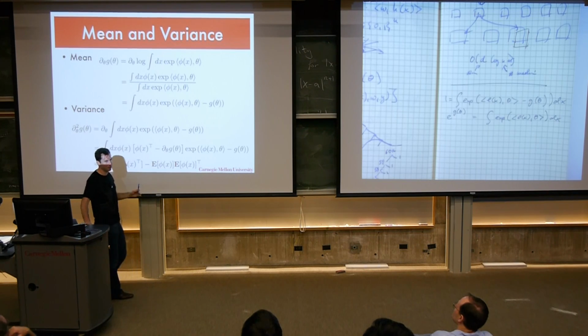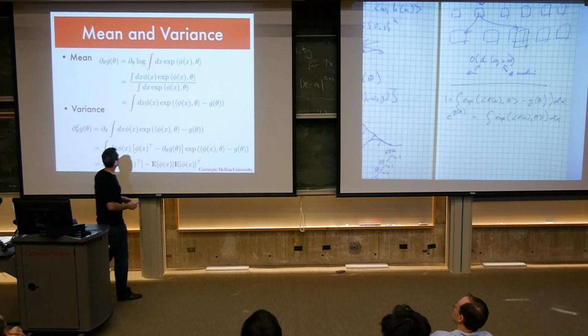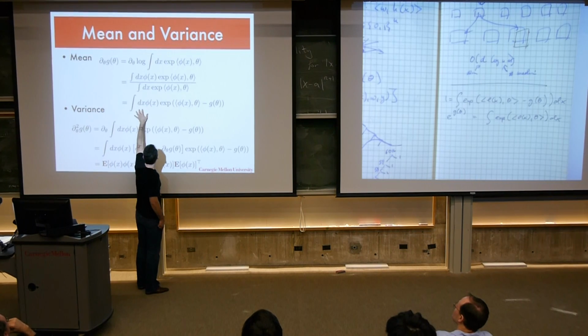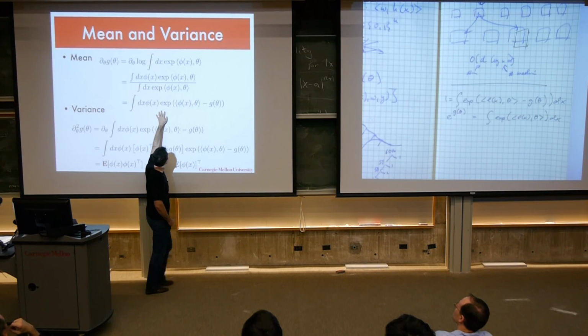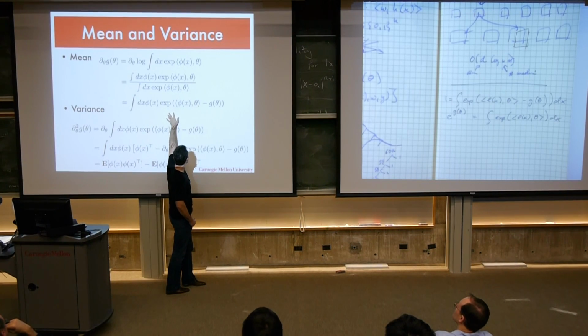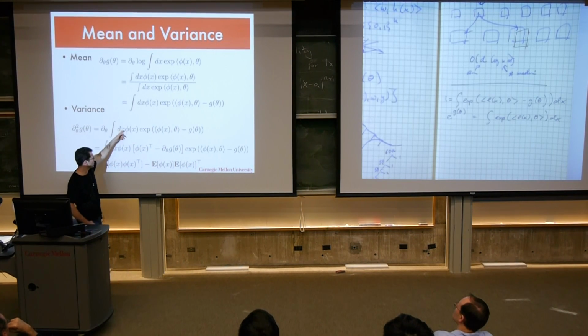That's just how exponential functions are differentiated. And then, massaging the math a little bit, we can recognize that this is just phi of x times this term here, which just so happens to be p of x parameterized by theta, so it's the expectation. And a little bit more algebra, not terribly deep, but a bit more tedious, gives you the second order moment. You could go on for higher order moments. Any questions so far?